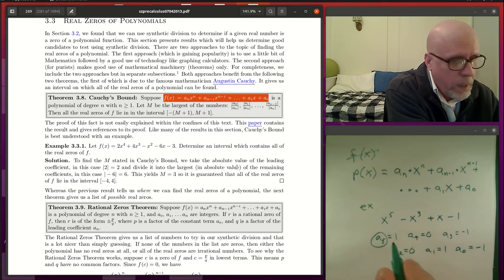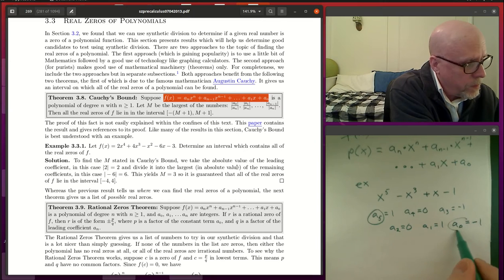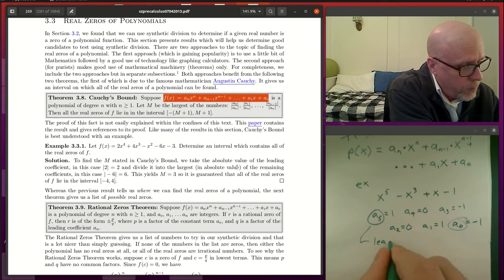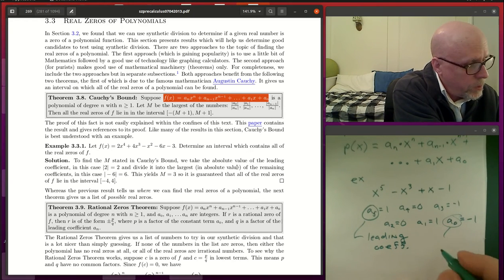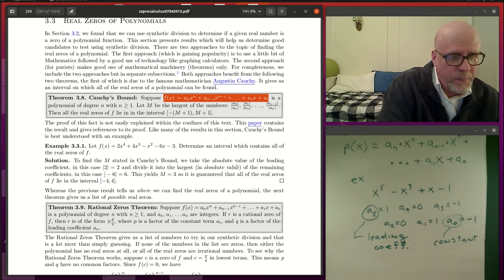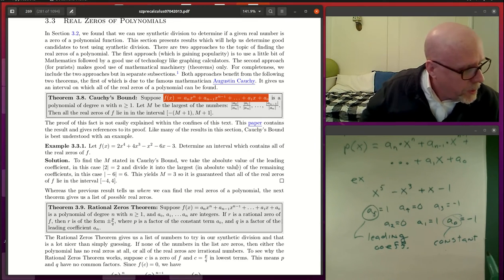This A5 and this A0 would respectively be called the leading coefficient, I'm just going to abbreviate coefficient because that's a lot to write out, and A0 is the constant term, or the constant. Actually, you can just say the constant or constant coefficient if you like.